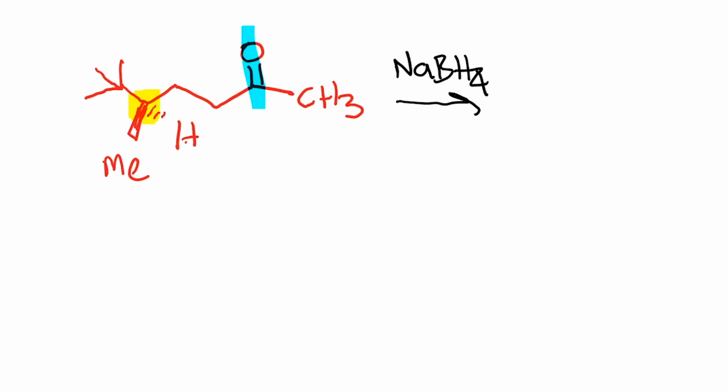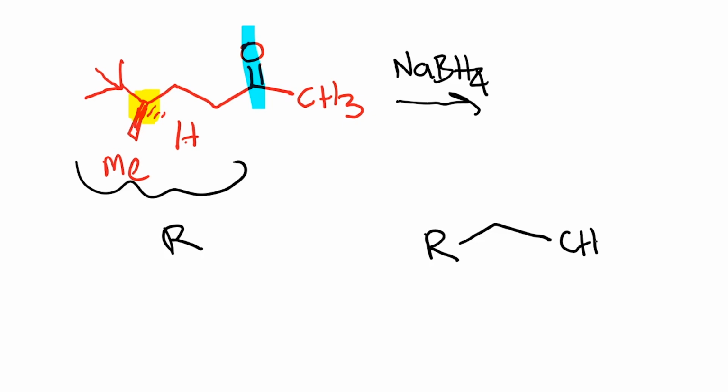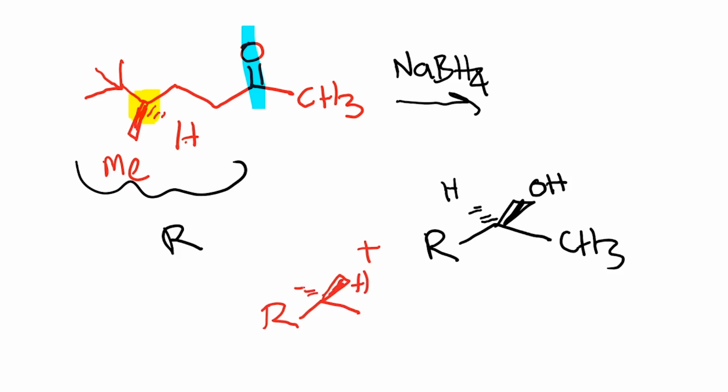So I'm going to draw this whole group out as R. So you will get R, CH3. Sodium borohydride is a source of hydride, H minus. So you're going to end up with this product, R C. If hydride comes from the other side, you get OH and CH3.